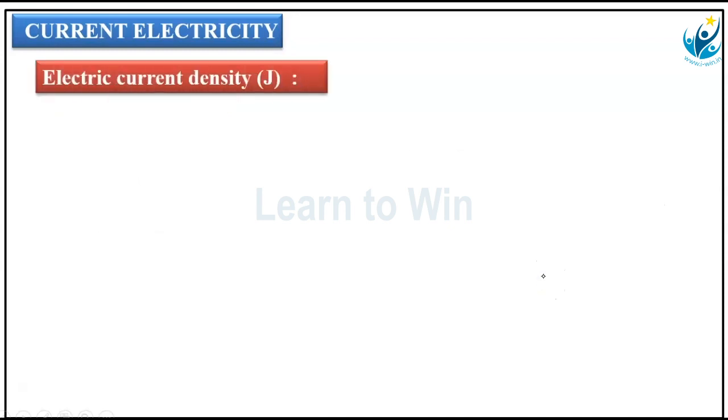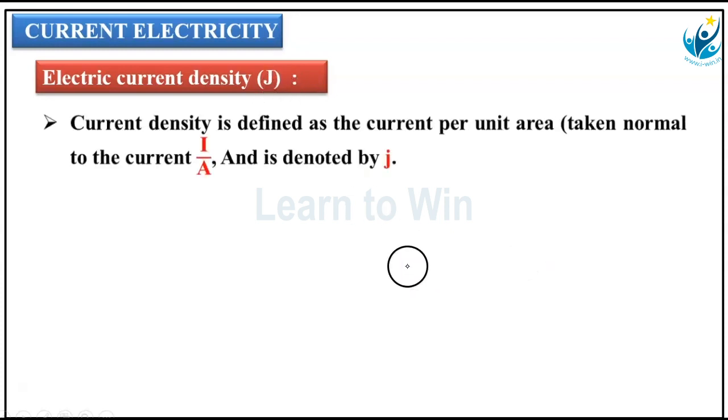Now, electric current density is represented with J. What is this electric current density? Current density is defined as the current per unit area.